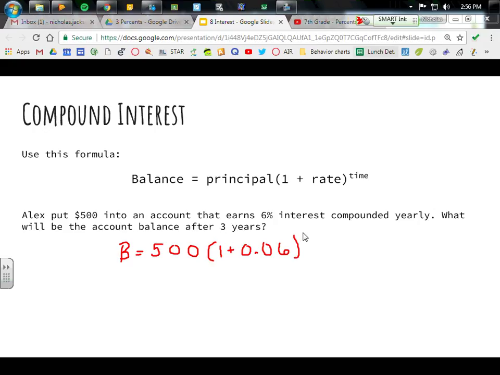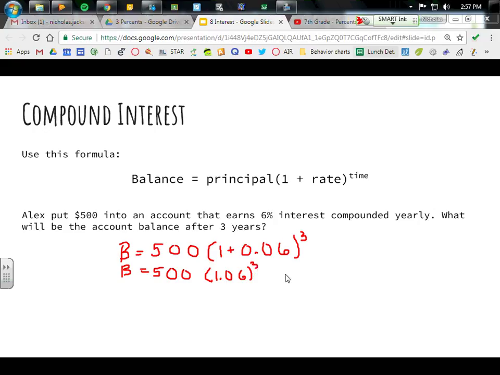So that 3 is an exponent. All right, so we're going to follow the order of operations with this one. We have to do what's in parentheses first. So we have to add our 1 and our 0.06 to get 1.06. So our equation is now 500 times 1.06 raised to the third power.